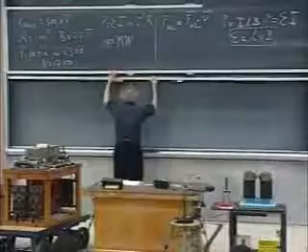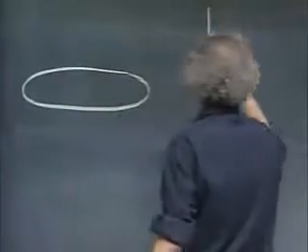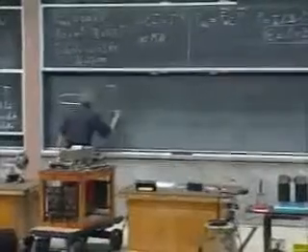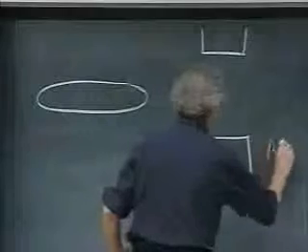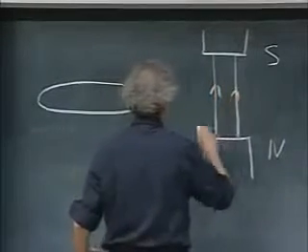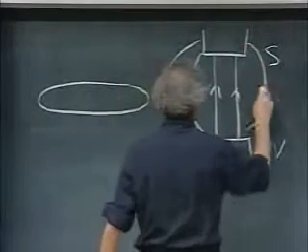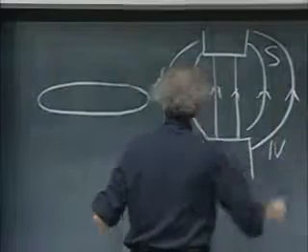If I have a conducting disk, solid disk, and I try to move it through a magnetic field, North Pole, South Pole. This is the magnetic field. It's a little weaker here, a little weaker there. I move this in.